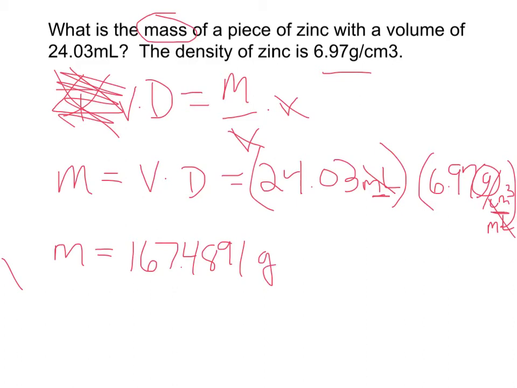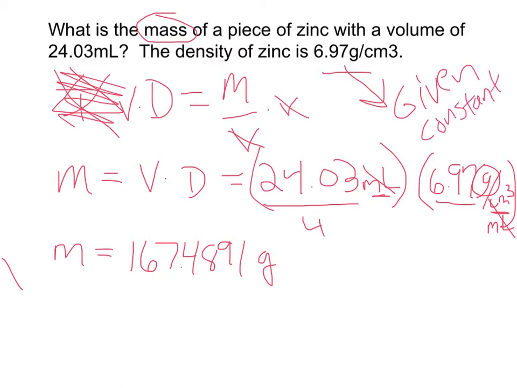Okay, significant figure time. We see 4 significant figures in the volume measurement. And I know you might be thinking that there's 3 in this, but this is a given value, also known as a constant.